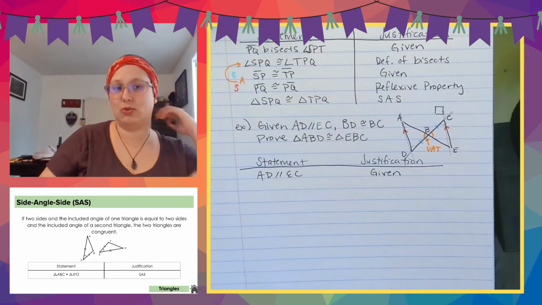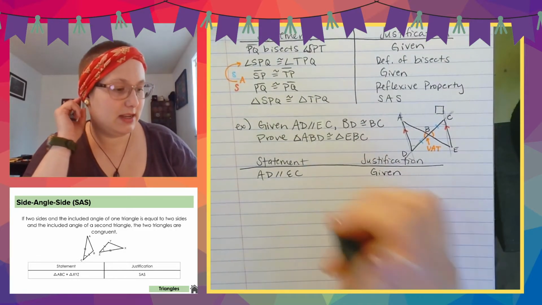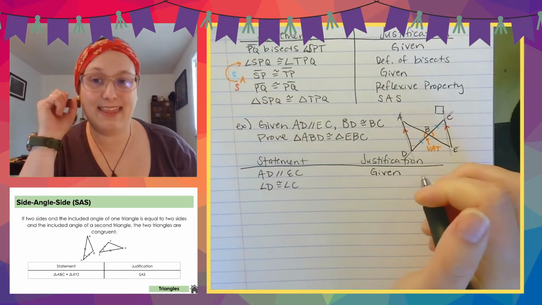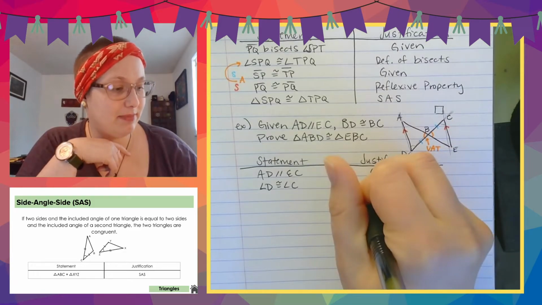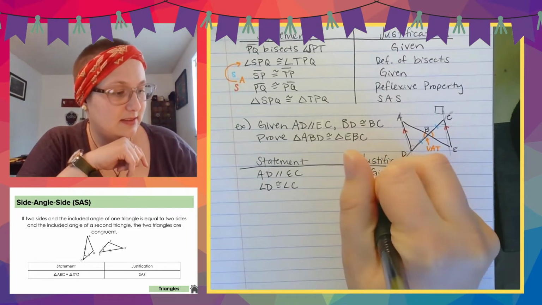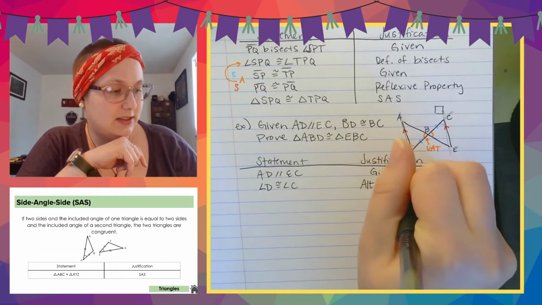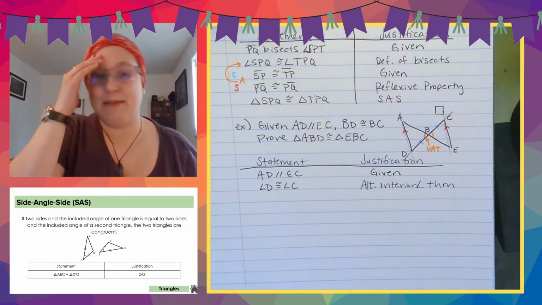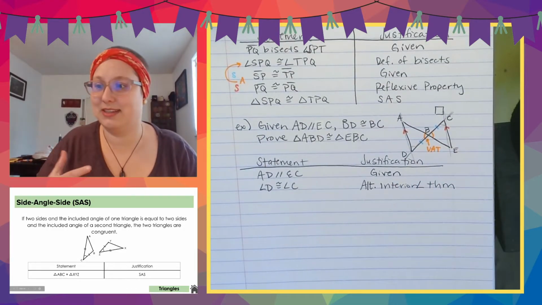That also told us that those angles were congruent. So that told us that angle D was congruent to angle C, and that was because of the alternate interior angle theorem. And I'm not making this up. That's actually how you're going to do this.